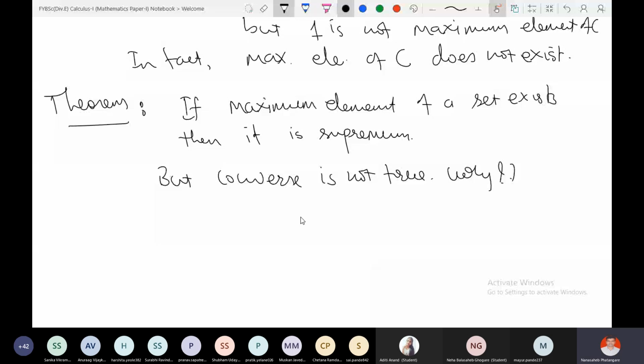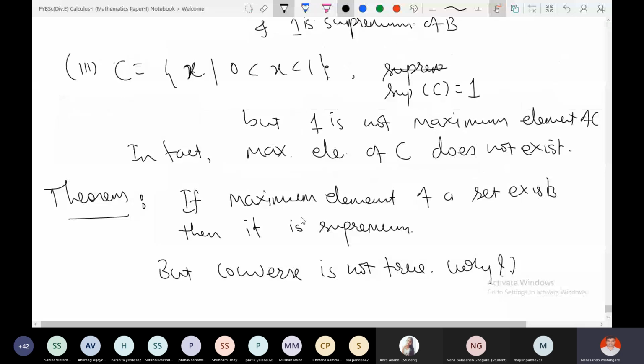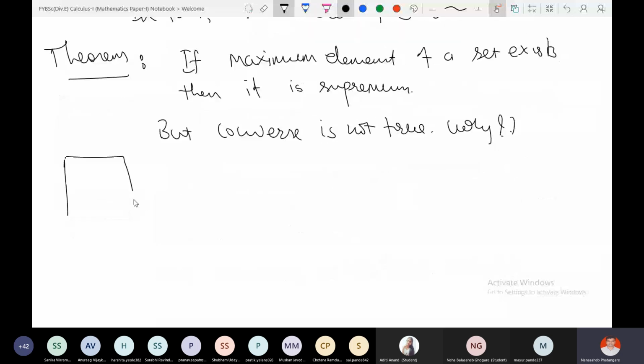We understand logically, if some statement is false, how will you prove it is false? Suppose I have a box containing mangoes, and my statement is all mangoes in this box are sweet.